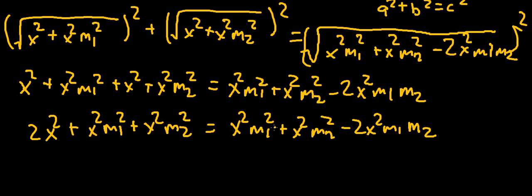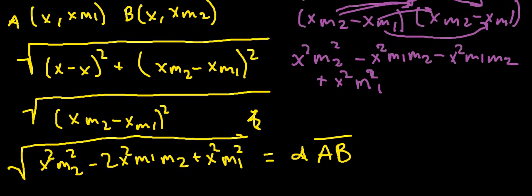So now you notice that we have some terms that are the same on opposite sides. We have an x squared m1 squared over here and an x squared m1 squared over here. So we can subtract these out from both sides. And we have an x squared m2 squared over here and an x squared m2 squared over here. So we're going to subtract these out.